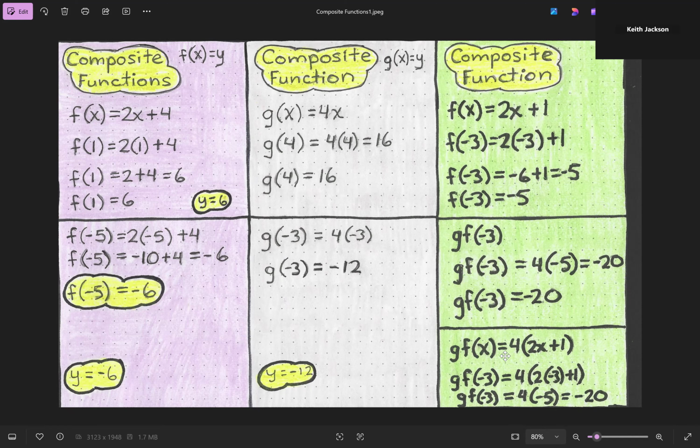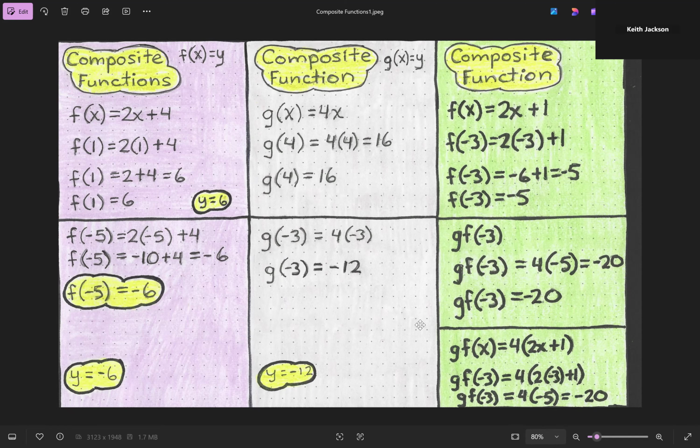Because we know that we have a function of -3, we're going to plug in a -3 wherever we see an x. So g of function of -3 is going to be equal to 4 times the quantity of 2 times -3, and then we add that 1 to it. As you can see, we have g of function of -3 is equal to 4 times -5, which will give us -20.